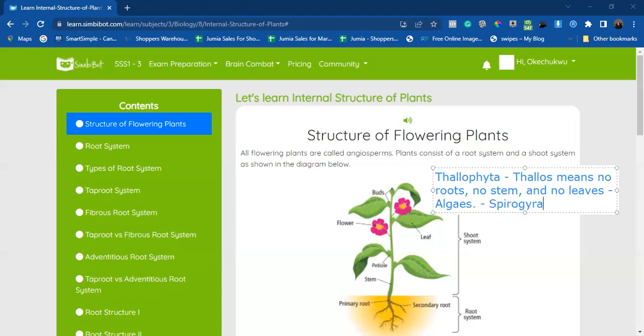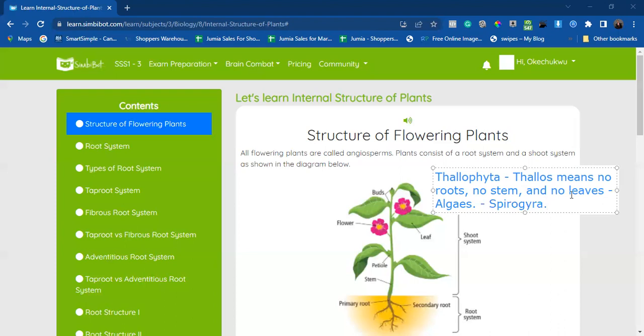If you have ever looked at a body of water that is stagnant, or a gutter where dirty water flows, you will see something very greenish in color that looks slimy and very slippery. All those things are called algae or spirogyra.